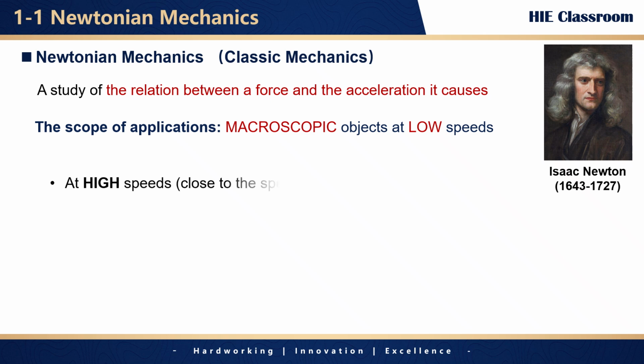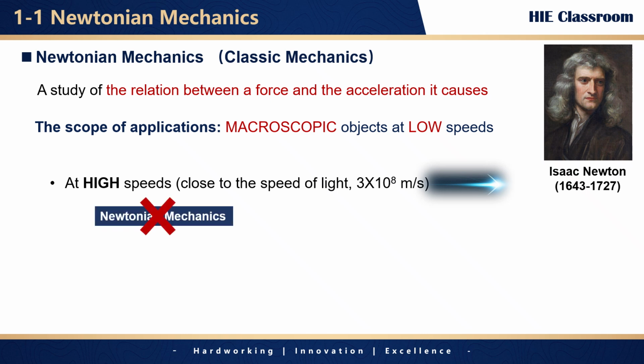However, when objects move at very high speeds, close to the speed of light, Newton's laws are no longer accurate. In those cases, we need to use Einstein's theory of special relativity, which correctly describes motion at any speed, including those extreme cases.